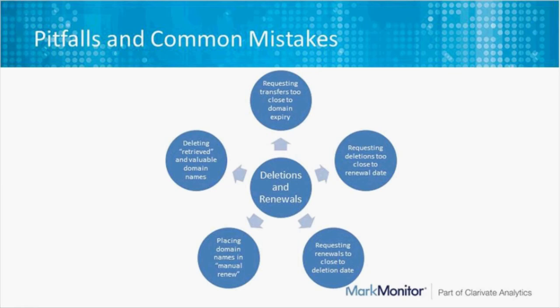So just to reiterate, and I'm sure you're all very aware, domain names can only be transferred when they are active, live, or, as I like to say, healthy. So any domain name that is too close to its expiry date, it's too risky to transfer that domain name because it could lapse during the transfer process.